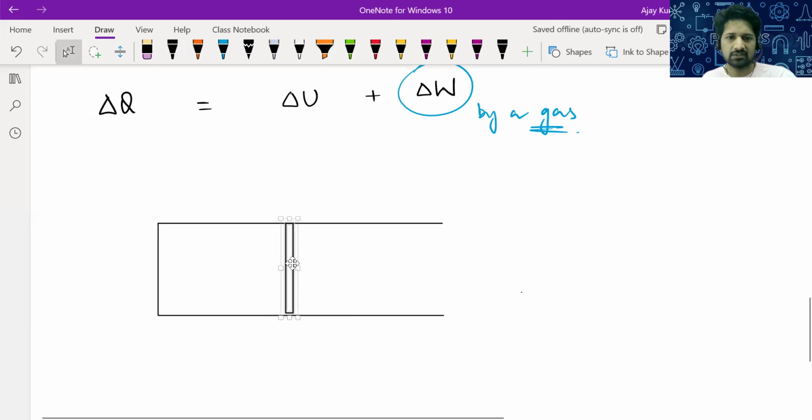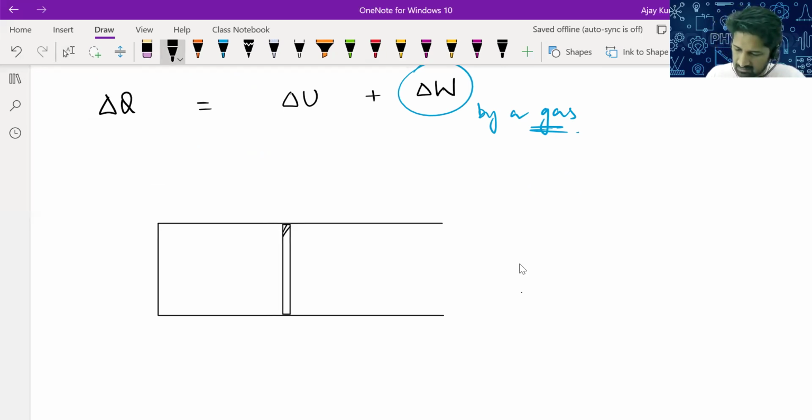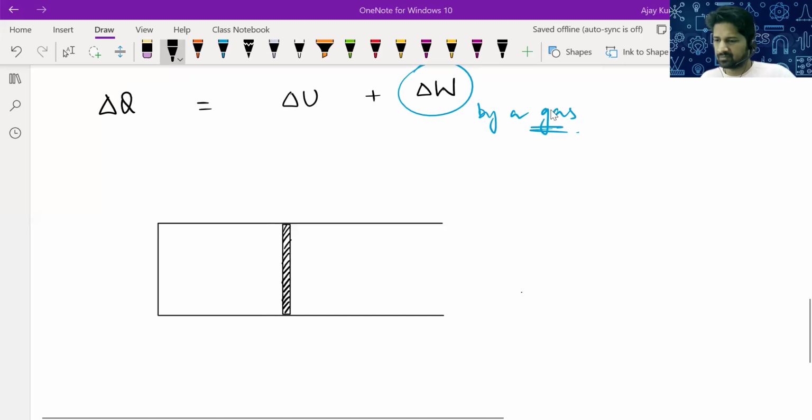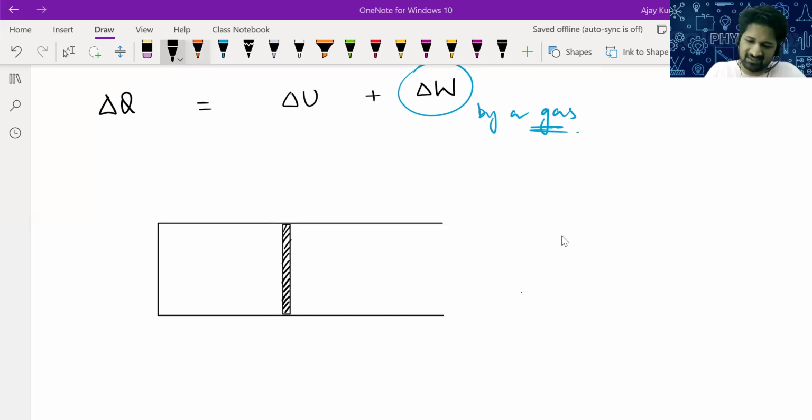Without those, how will you learn how to find out work done by a gas? Try to recollect and tell. Okay. Generally, work done is integral F dot ds, integral force dot displacement.